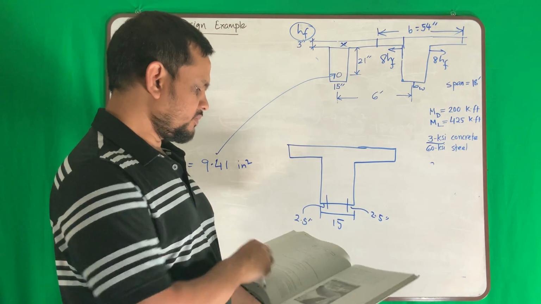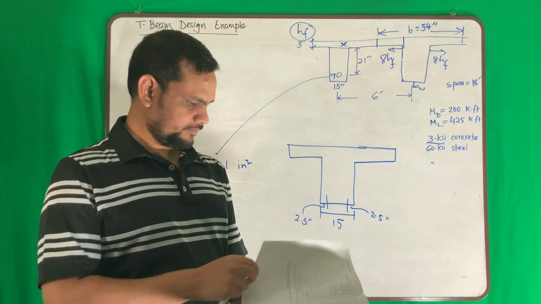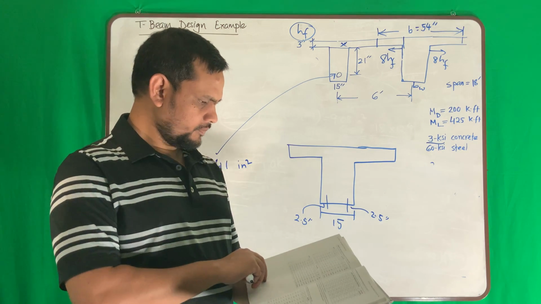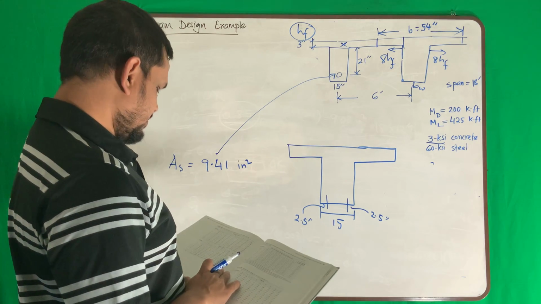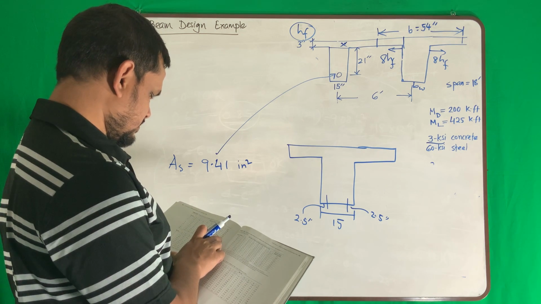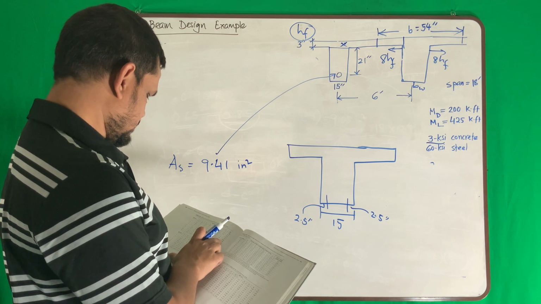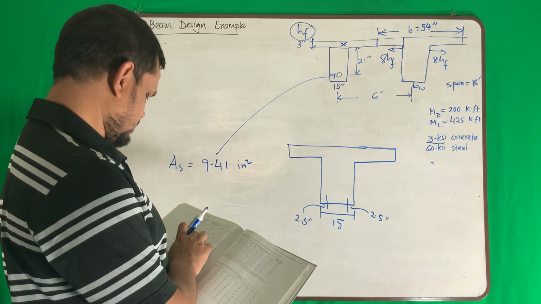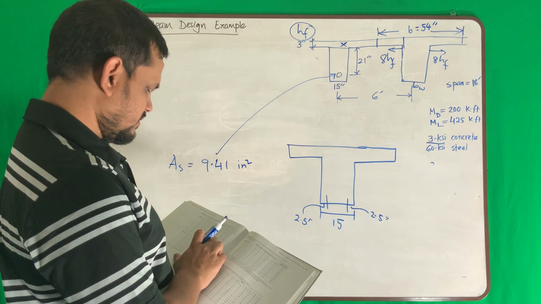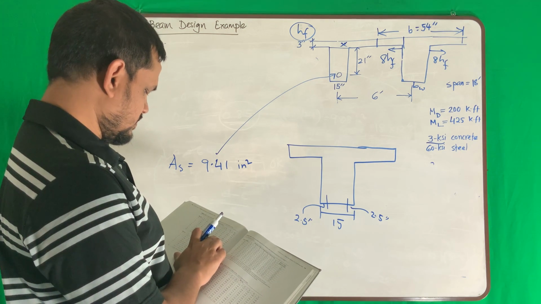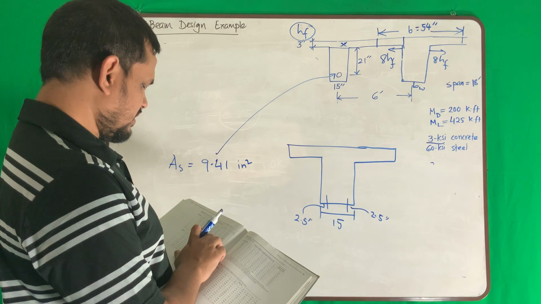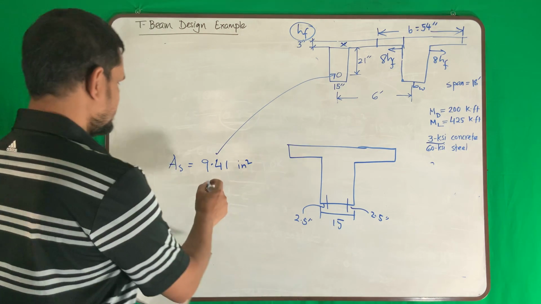Inside 10 inch, if I select some reinforcement from your book's appendix, for 9.4, I am getting 8 number 10.